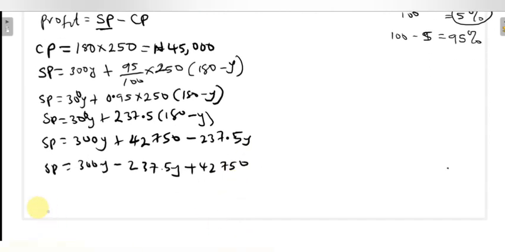So we'll subtract this from this. 300 minus 237.5 will give me 62.5Y plus 42,750. So we'll go back to this.